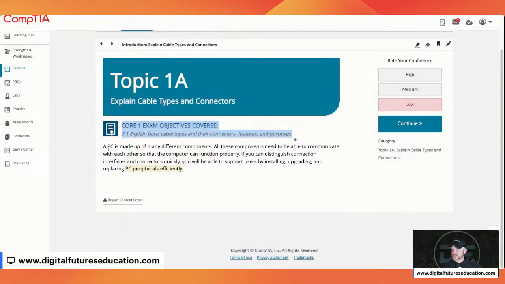All of these components need to be able to communicate with each other so the computer can function properly. If you can distinguish connection interfaces and connectors quickly, you'll be able to support users by installing, upgrading, and replacing PC peripherals efficiently. So that's all about hitting those Core 1 objectives with Topic 1A.